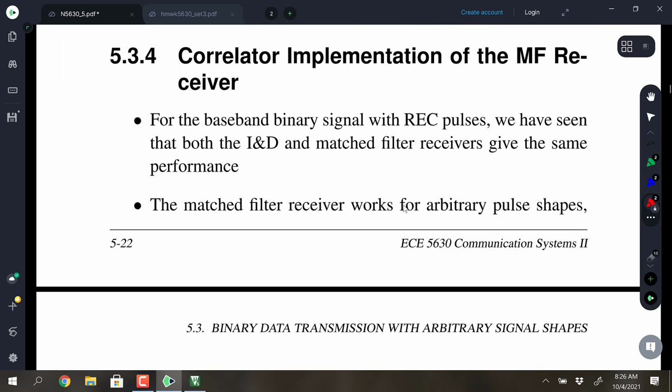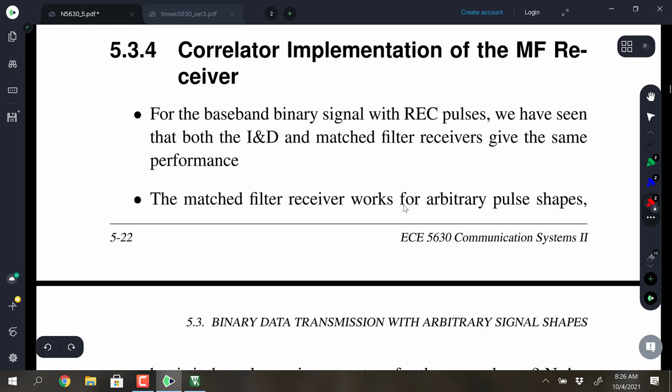Now before we start studying these specific schemes, we're also going to go through the correlator implementation that I pointed out at the end of class last week. We know that if we have a rectangular pulse, integrate and dump and matched filter receivers give the same performance, because the integrate and dump receiver is like the matched filter.